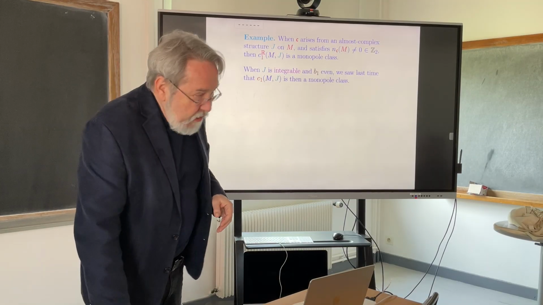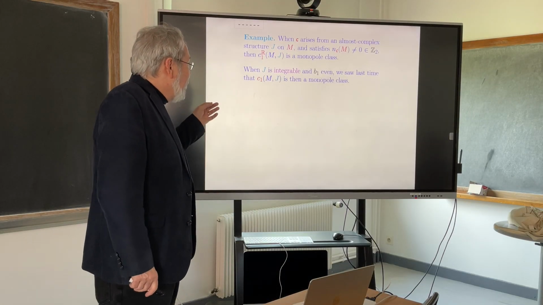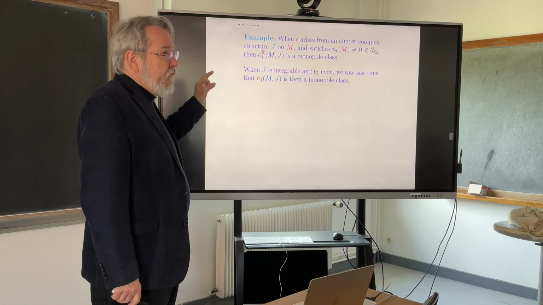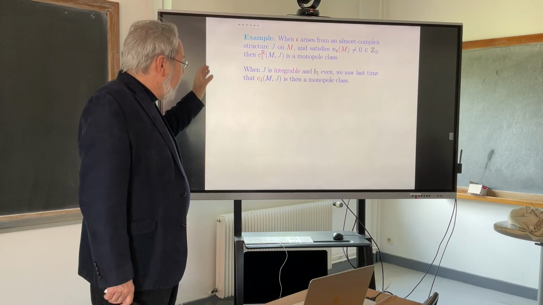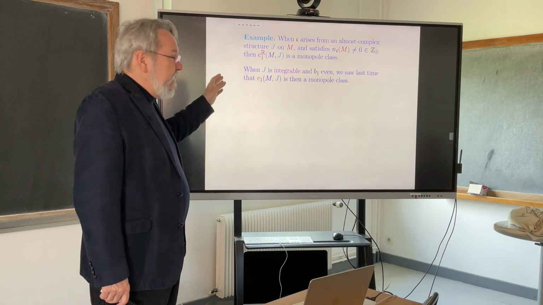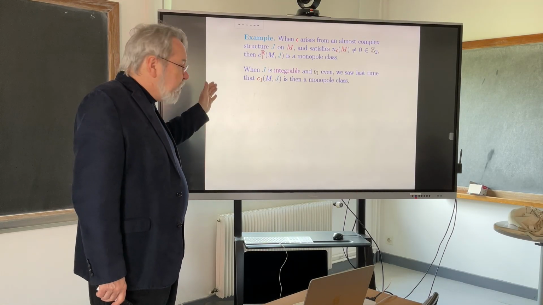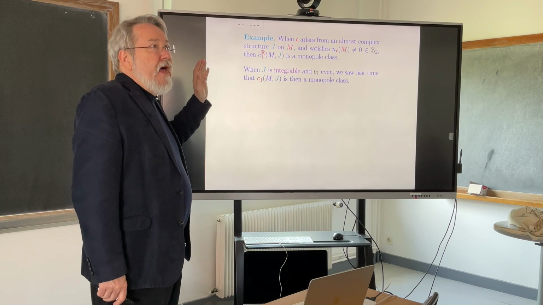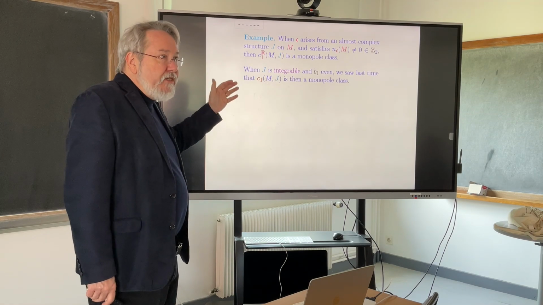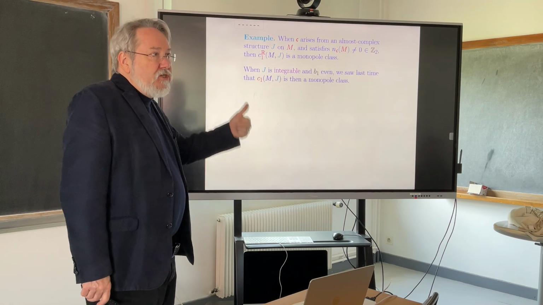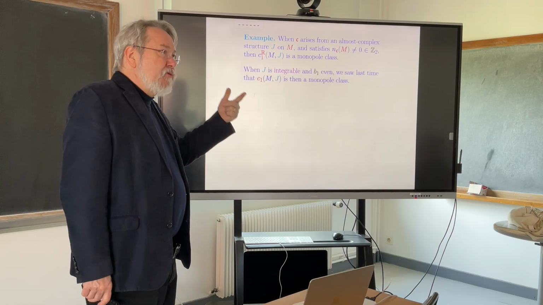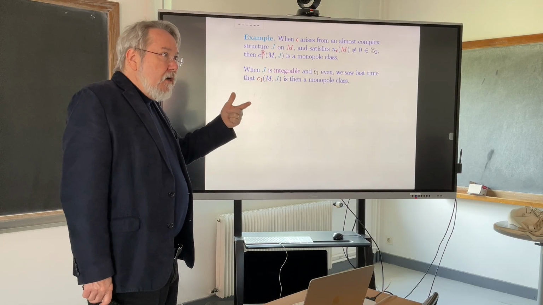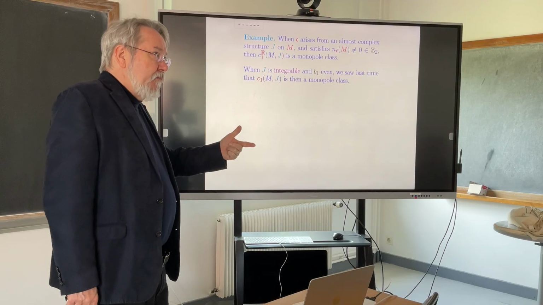There are very mild requirements on the first Chern class as an integer, as an element of cohomology. If you want it to be the first Chern class of an almost complex structure, the only things you need are that its square is 2 chi plus 3 tau, and that its reduction mod 2 is the second Stiefel-Whitney class.